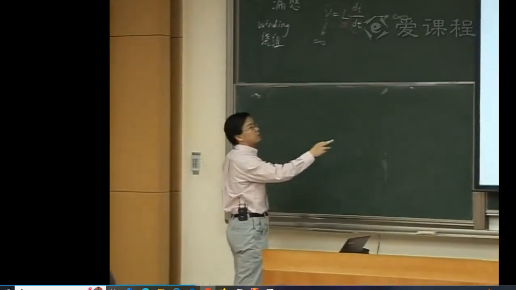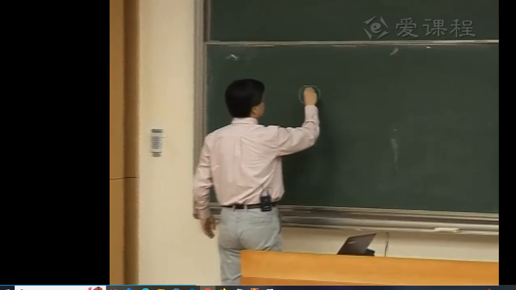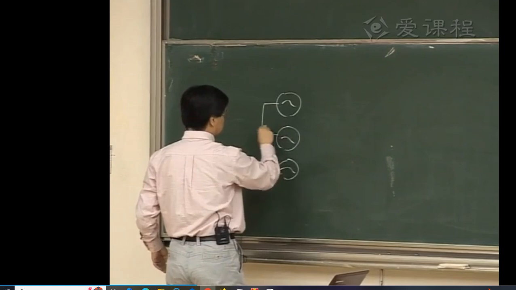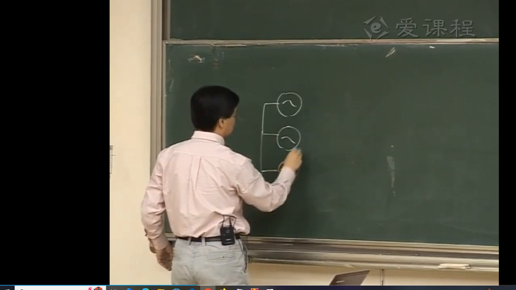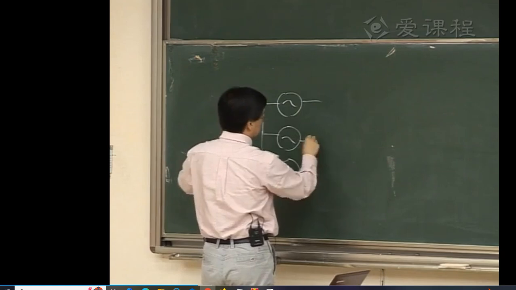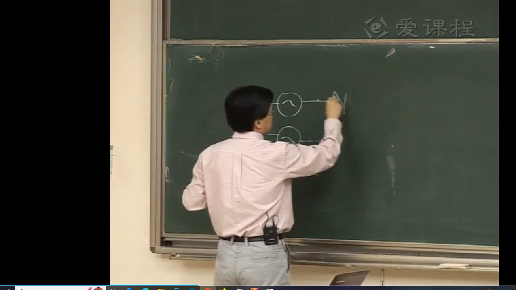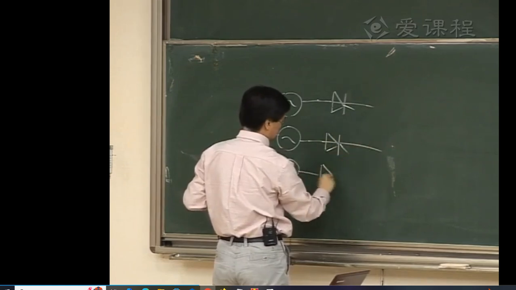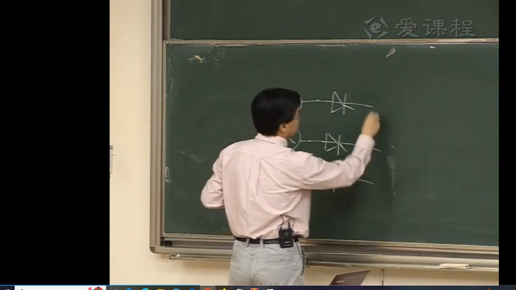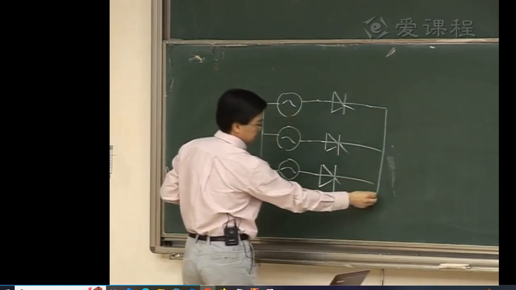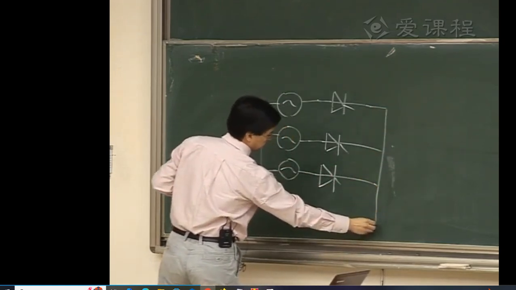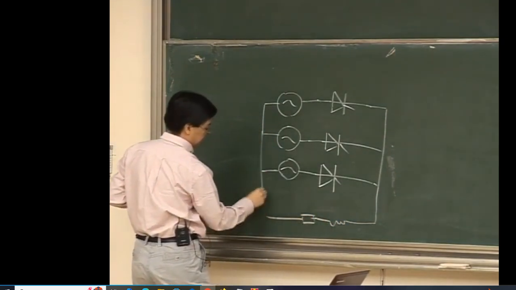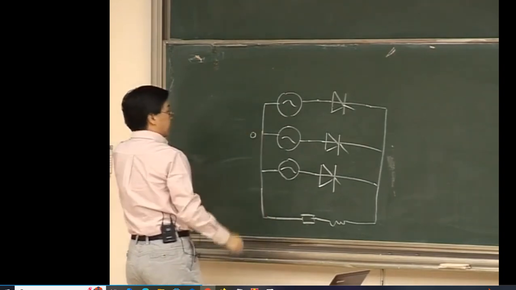Now let's see in detail what happens during this process. So the circuit would be the three-phase half-wave. Remember the way I'm drawing the three-phase half-wave circuit. This is a common cathode, and therefore this side will be connected to the load, and the other side of the load is connected to the center point of the input voltage source.